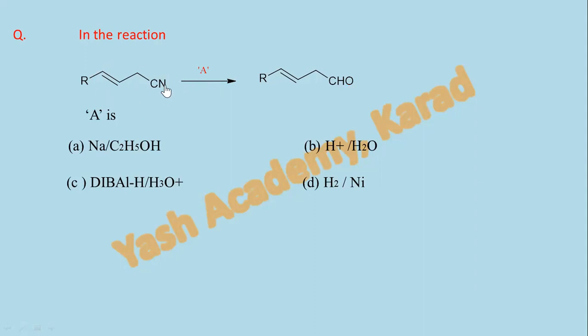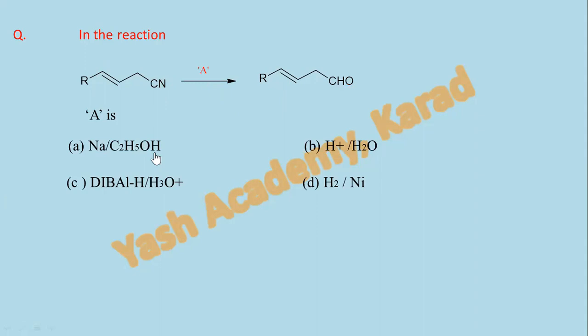This is the transformation of a reactant to a product, and you have to find out the reagent which brings out this type of transformation. The option is sodium in ethanol.